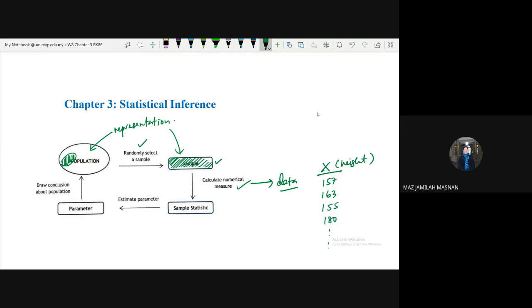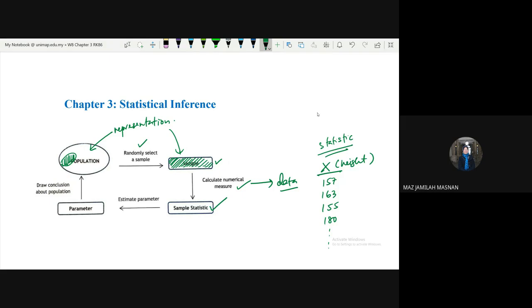This data, once measured, is what we call a statistic. Last time we talked about this statistic, right? Any measure taken from our sample is what we call a sample statistic.